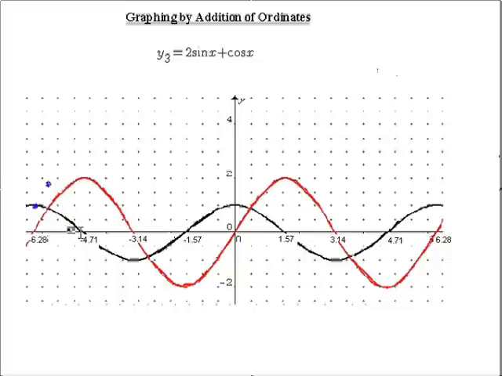Then we also know that we've got another x-intercept right here at the peak, and through this section we actually have y values that are on the positive side of the x-axis. So we know that these two are going to add together. So how do we do that?